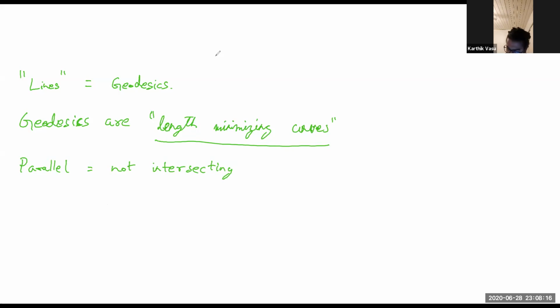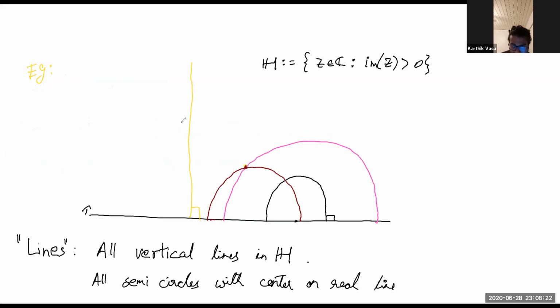So to get my original picture here, to get this kind of geometry where these lines are geodesics, I will be using this metric. So this will be my metric.